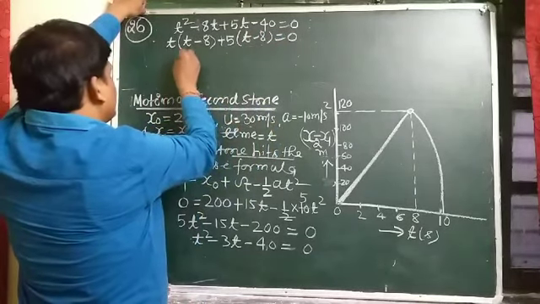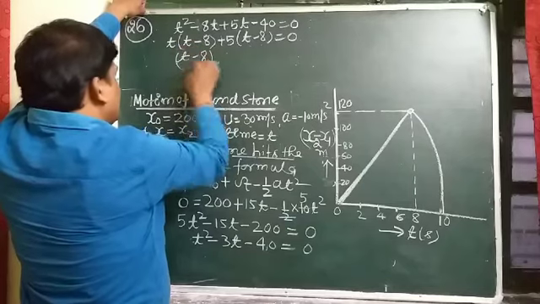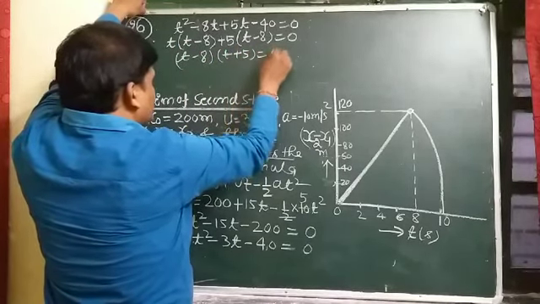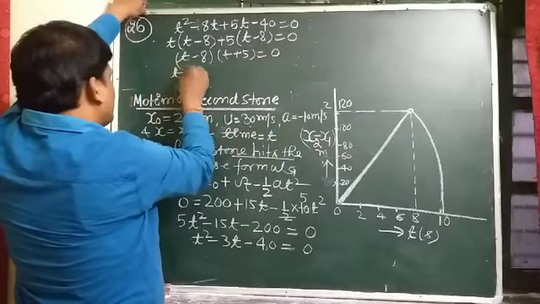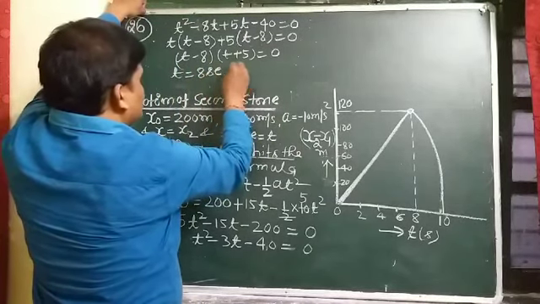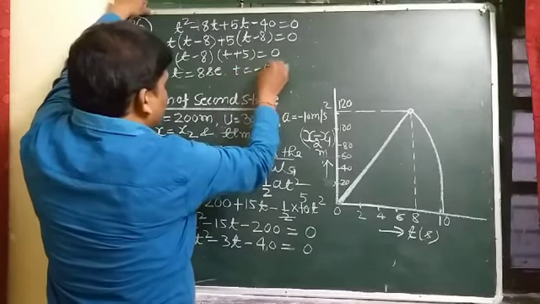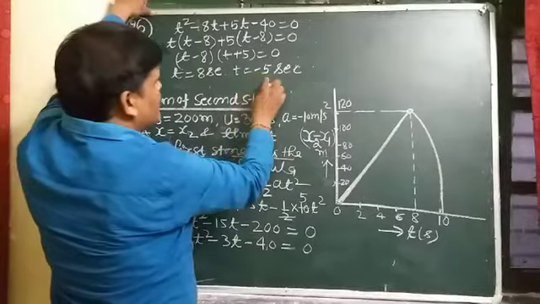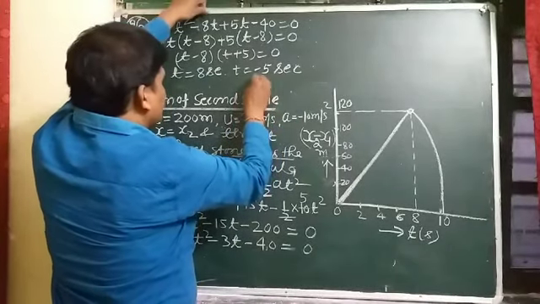So t minus 8 and t plus 5 equal to 0. So t comes out to be 8 second, and t comes out to be minus 5 second. So student, t equal to minus 5 second is meaningless.